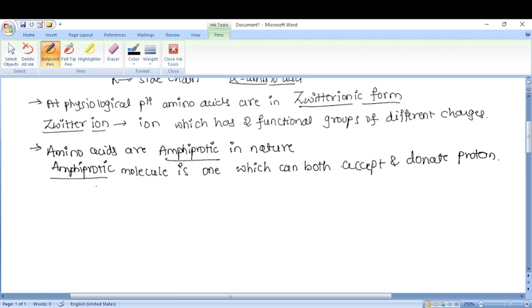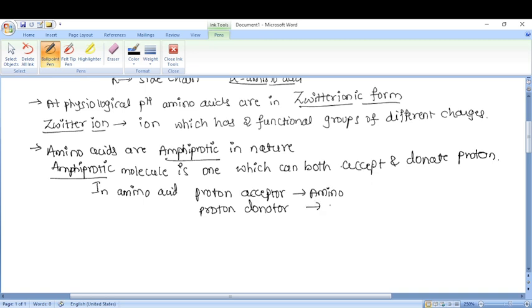In case of the amino acids, which one will accept the proton? That is the amino group. And the proton donor is the carboxylic group.